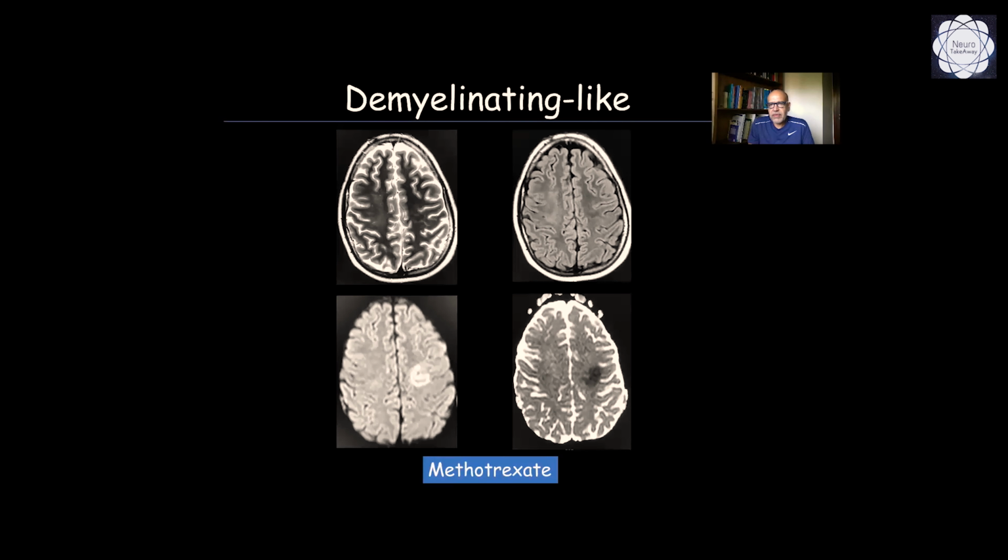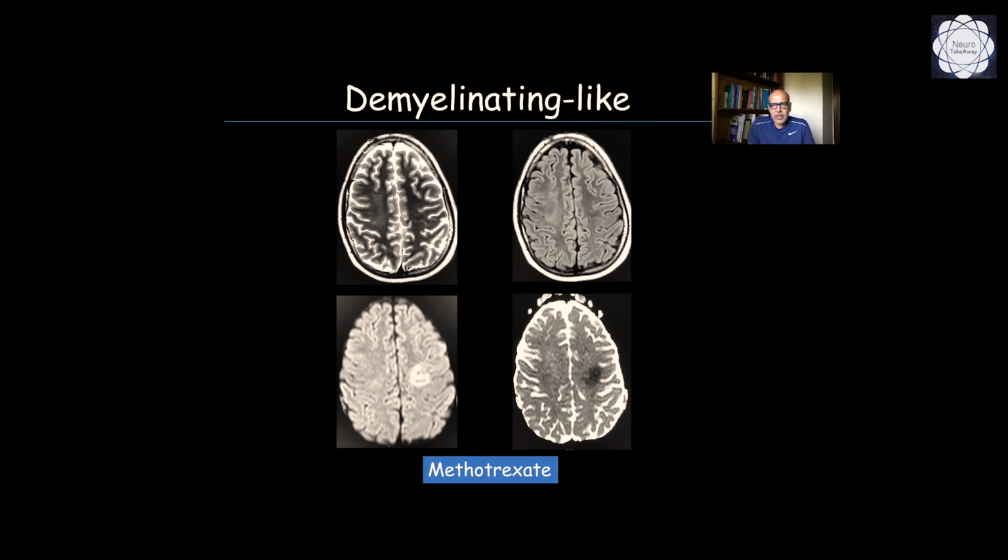Methotrexate is another very used drug, especially for lymphocytic leukemias in children and young adults, and it can be associated with diffuse white matter signal intensities, but in some cases it can produce a stroke-like syndrome. This child presented with a right hemiparesis, dysarthria and aphasia.